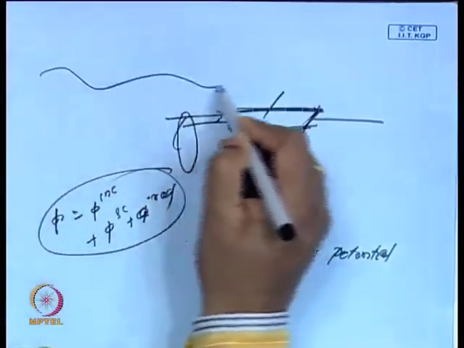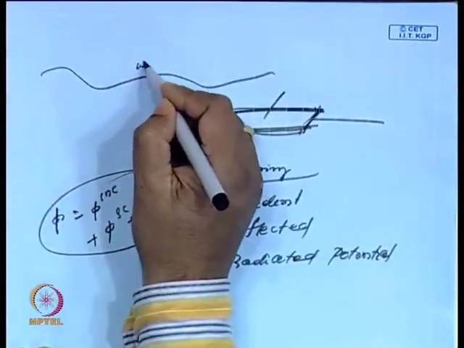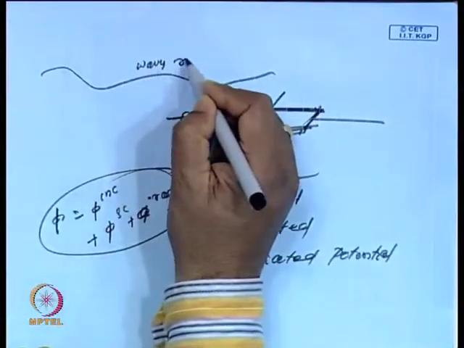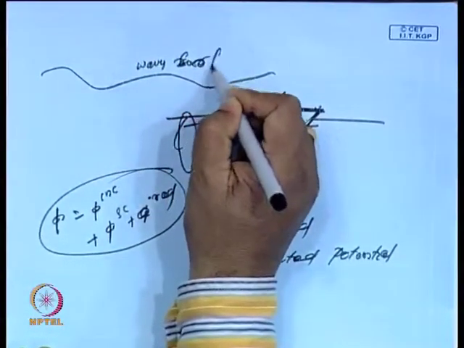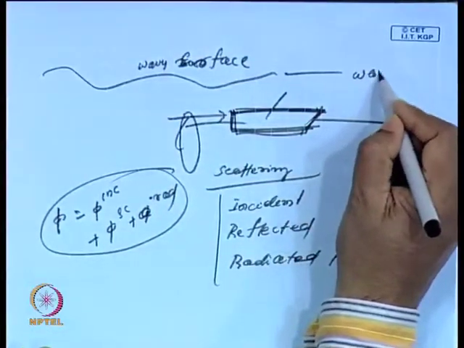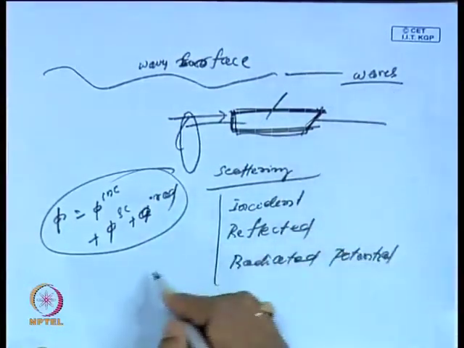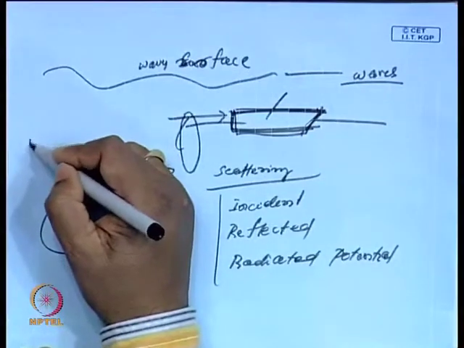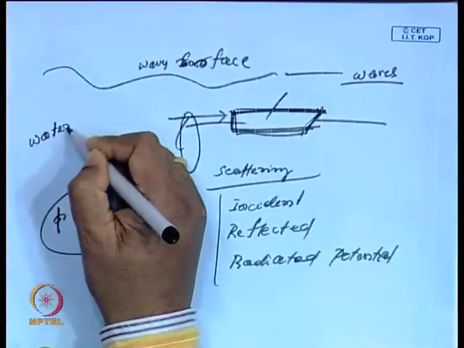we always come across a free surface, which is nothing but a wavy surface, and this will lead to the generation of waves, leading to an area called the area of water waves.